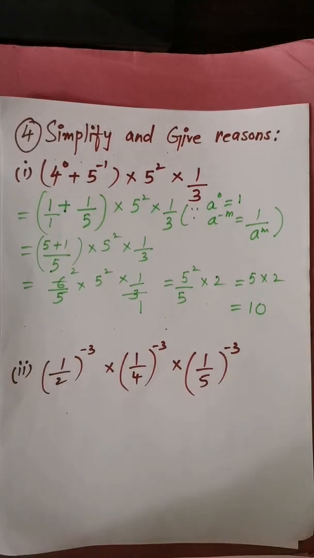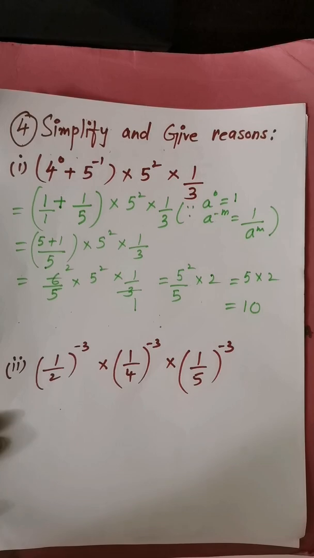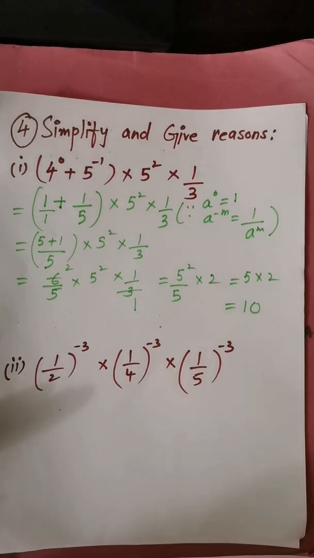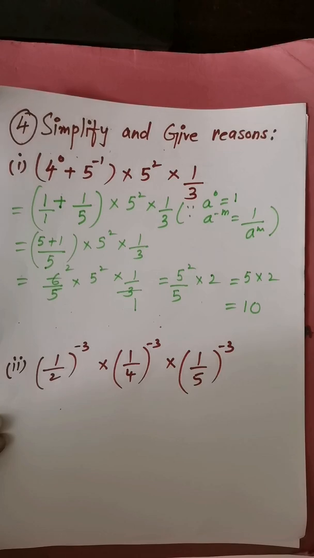Here, this one, 1 by 2 to the power of minus 3 into 1 by 4 to the power of minus 3 into 1 by 5 to the power of minus 3. Here bases are different, powers are same. First of all, here you have to change the negative power into positive.